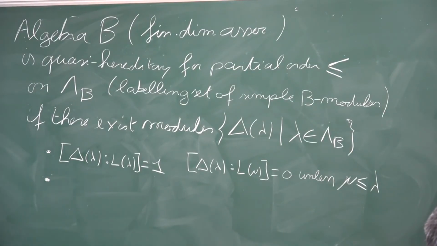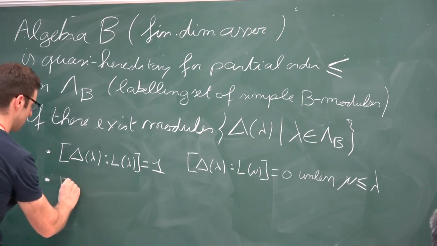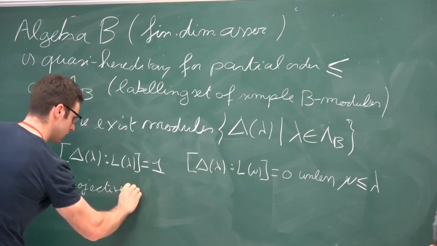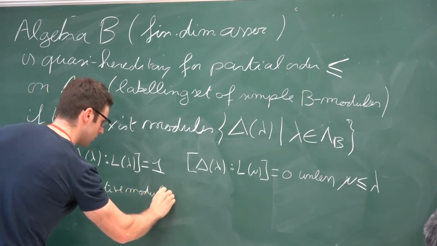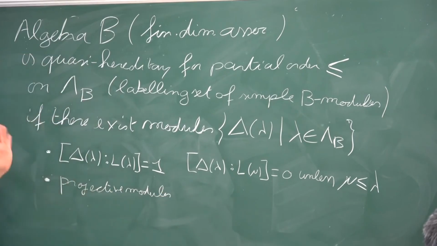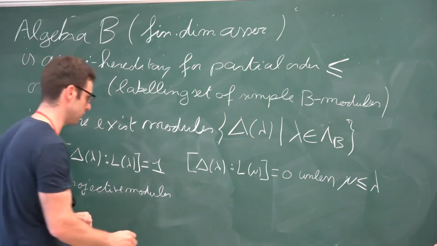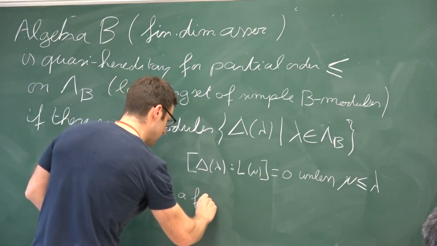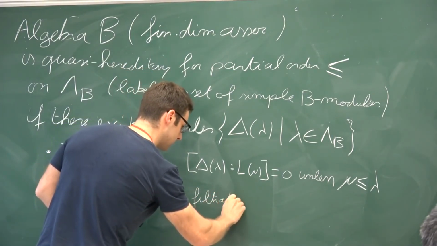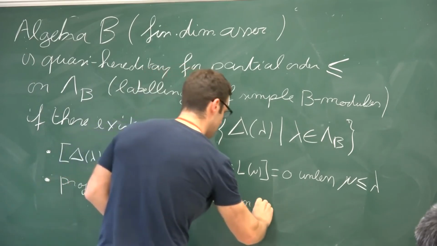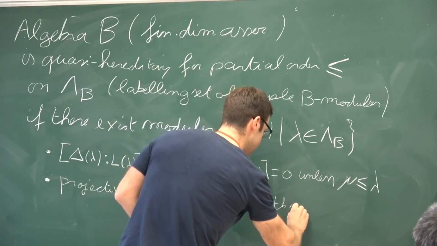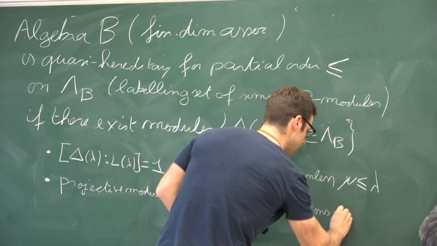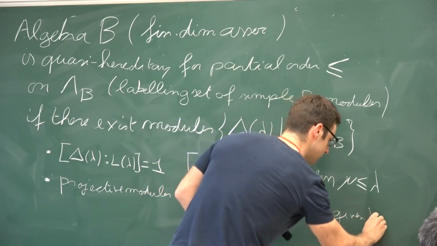Then you must also have that projective modules. So any simple module has its corresponding projective cover, and those must have a filtration with sections, or factors, given by standard modules.